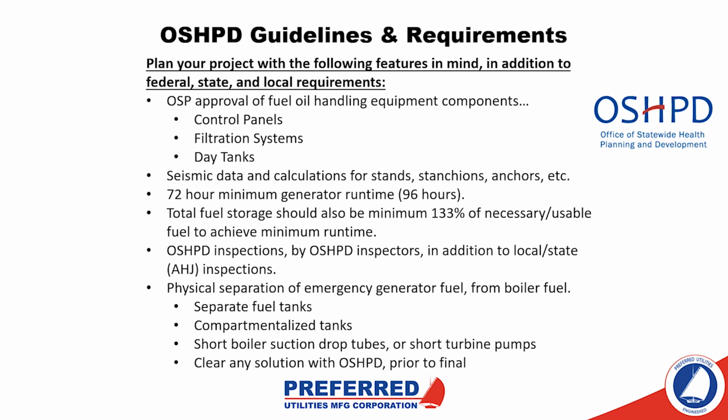We want to also have seismic data and calculations for any stands, stanchions, anchors, etc. Our equipment is pre-approved based on, usually in the case of control panels, being wall mounted or mounted to the equipment. If there is a variation on that, then there needs to be seismic data and calculations shown to the OSHPD inspector.